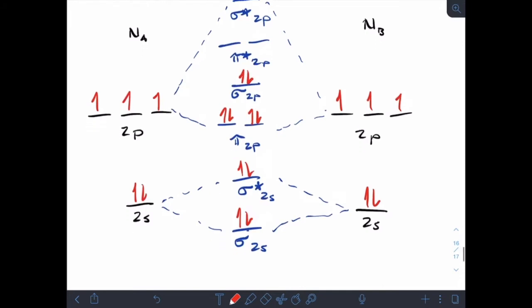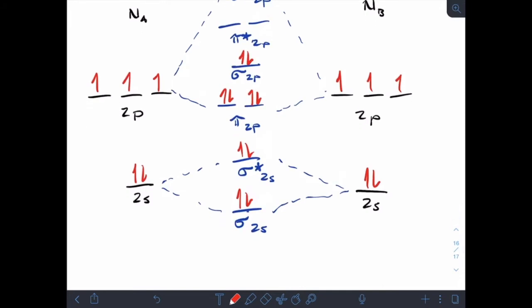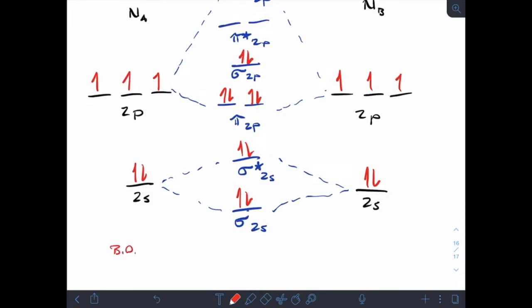Now let's take a look at the bond order just for fun, because I think you'll find it interesting. The bond order is 1/2 the bonding minus the antibonding. Our bonding orbitals are anything that doesn't have a star. So I've got 2, 4, 6, 8 bonding electrons.